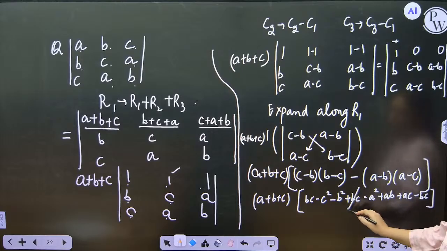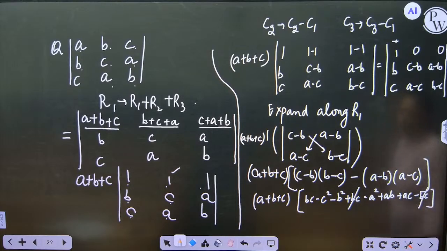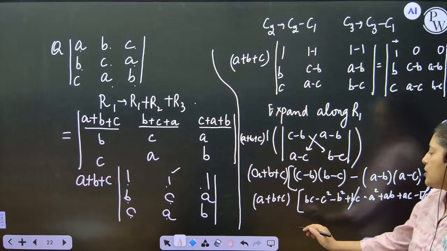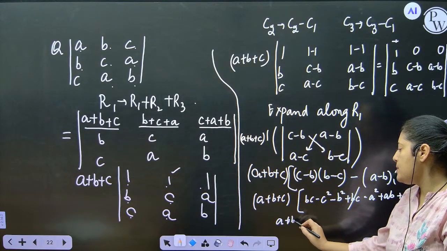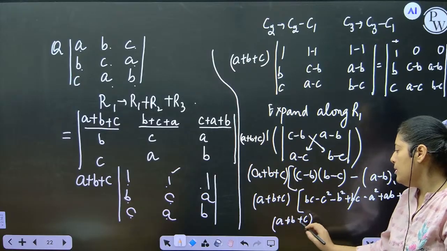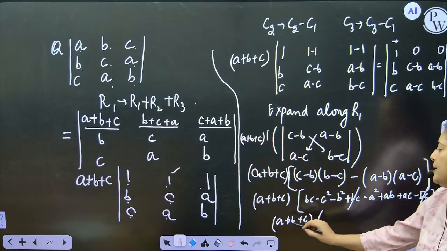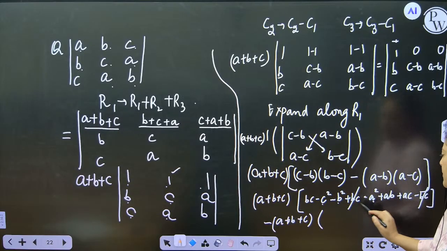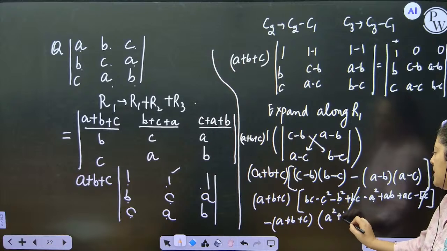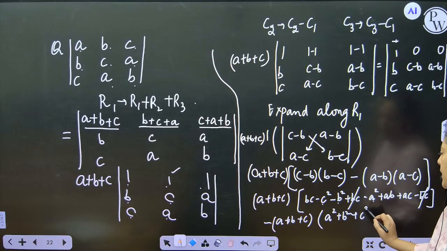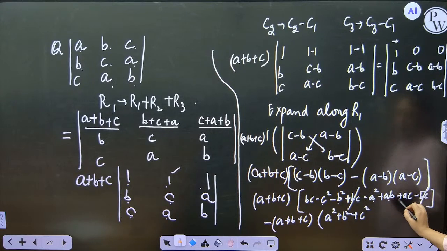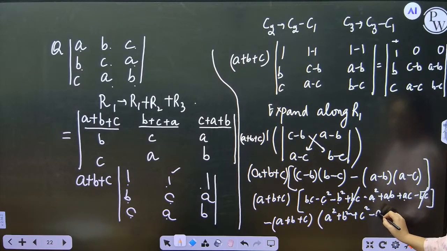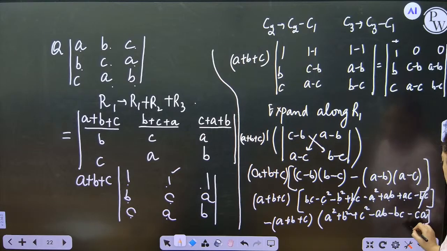Okay, BC cancel. Anything else also getting cancelled? No. So now what will it become? A plus B plus C. If I take the minus sign common, these all terms will become positive: A square plus B square plus C square. Now other terms will become negative: minus AB minus BC minus CA.